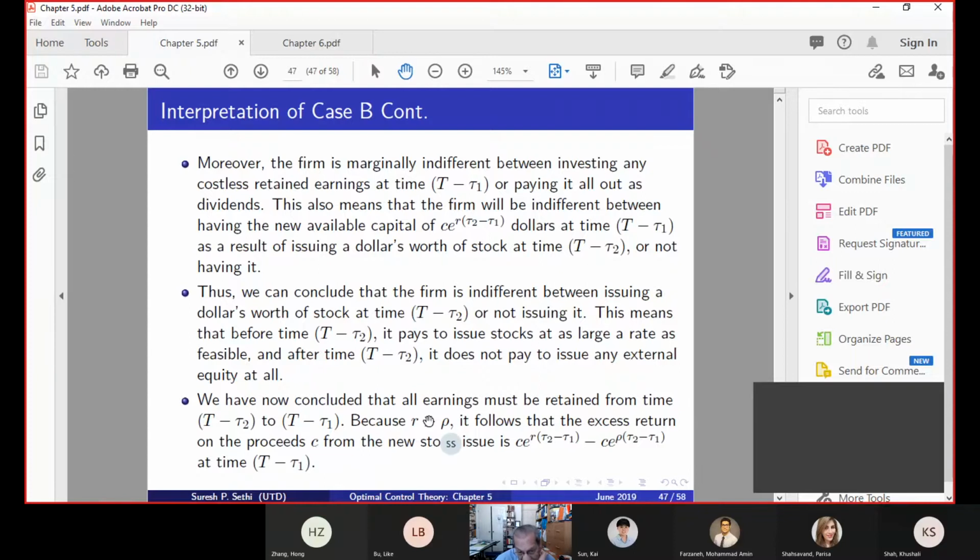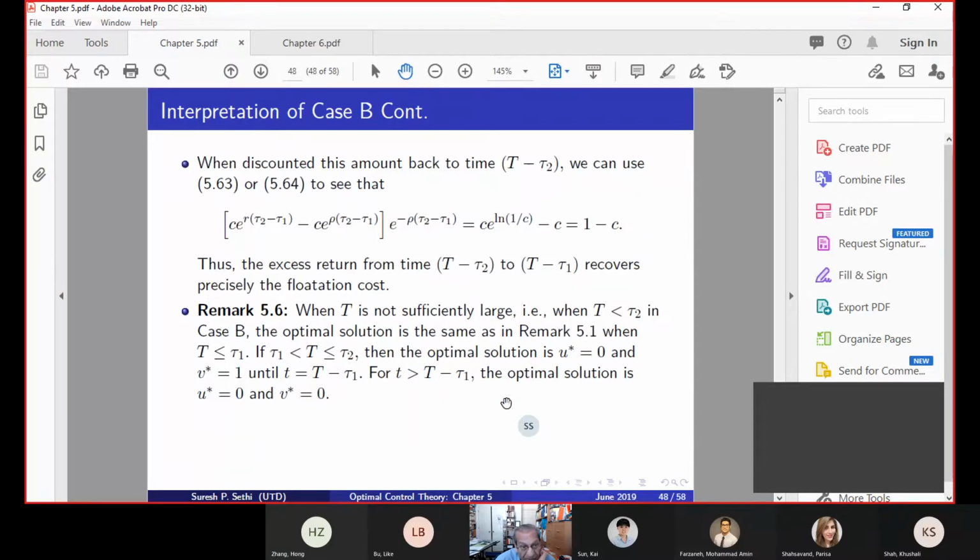Because R is bigger than rho, it follows that the excess return on the proceeds C from the new stock issue is that amount minus that amount. And that amount, when discounted back to time t minus tau 2, we can use to show that that times that is equal to 1 minus C.